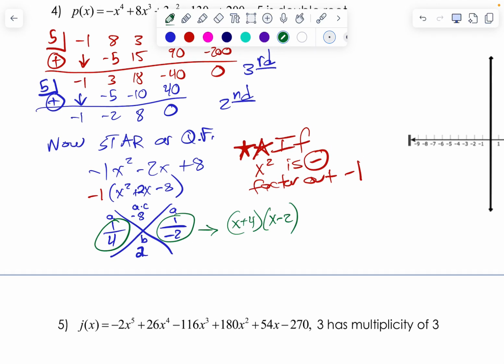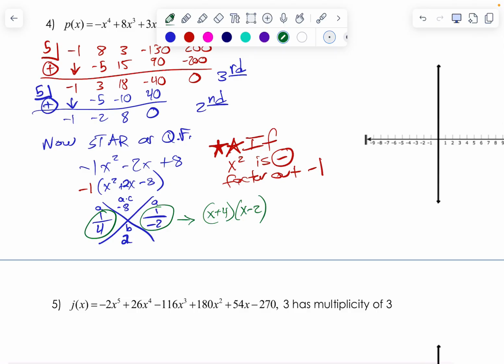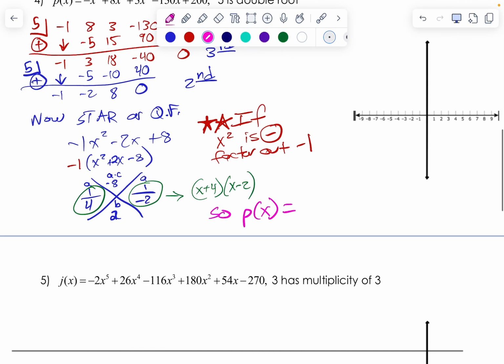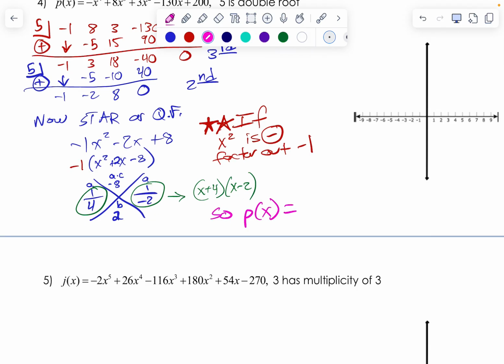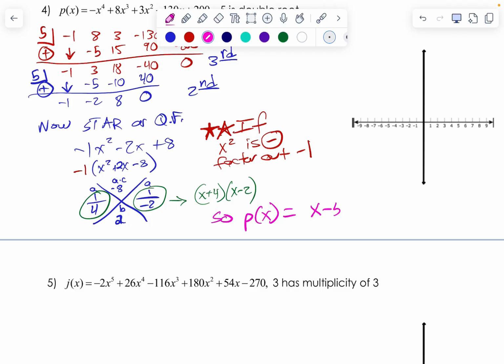Okay, by the way, I'm doing what I want you to do for this whole thing. So what is p of x in factored form? Write it in factored form. Well, it would be x minus 5, that's the two given zeros, squared, times x plus 4 times x minus 2.